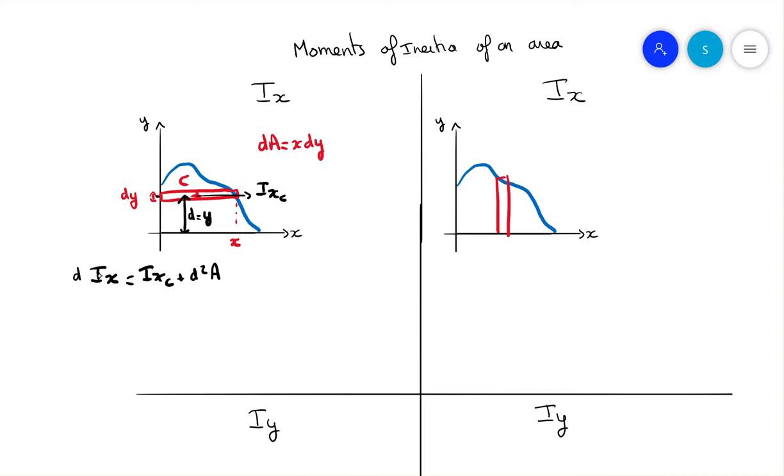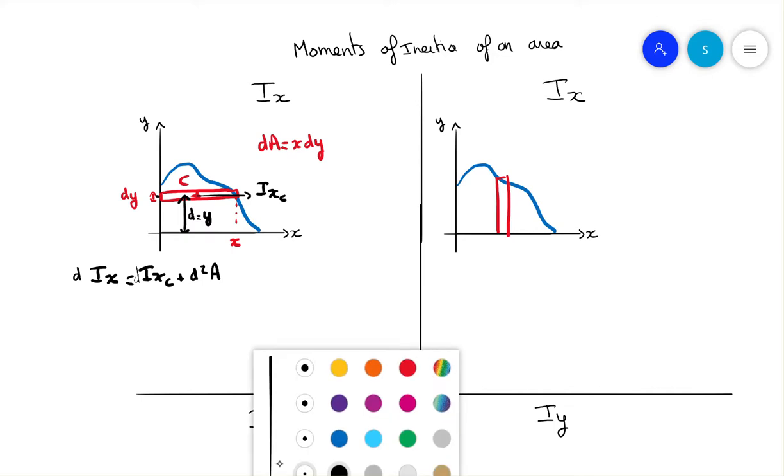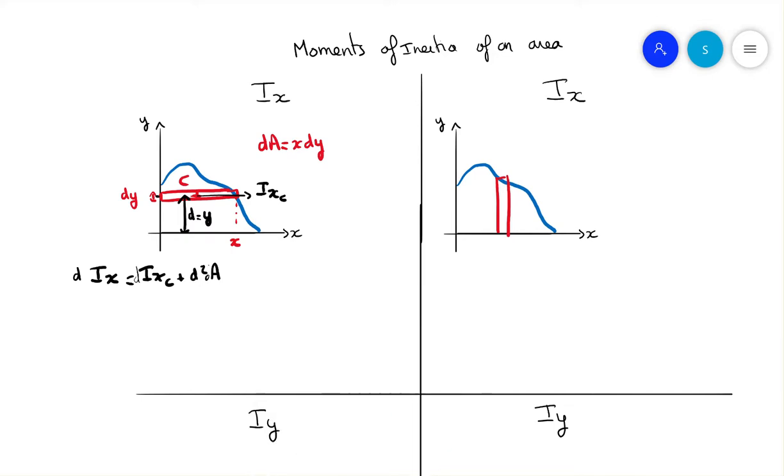So let's put d on each of them, and dA. So we have dIx, that is equal to dIc. That's 1/12 of the bh cubed, right? Let me write it in this direction. So I at C is equal to 1/12 of bh cubed.